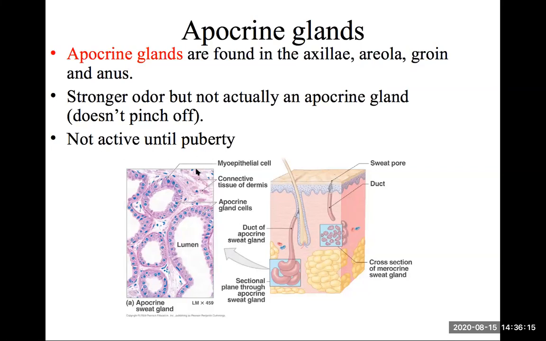So if you've ever grown up with individuals as they were passing through puberty, you have children or you had siblings, you might have noticed a rather dramatic sudden shift in their smell. Depends on the person. Some people never produce much smell. Some produce quite a lot. It really depends, again, on diet, genetics, and how often you bathe. So these are the ones that are going to ramp up when you hit puberty and become active.